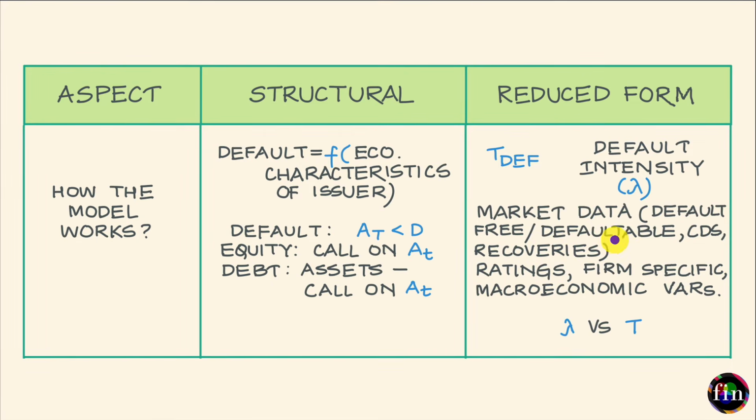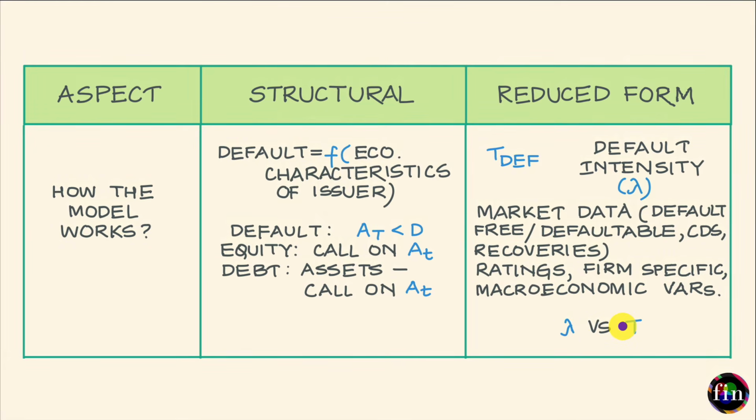Okay, information which can be used for backing out this lambda may include ratings and rating transitions, information about firm-specific characteristics, and also information pertaining to macroeconomic variables. Okay, so the state of the business cycle can be accommodated in a reduced form model. Okay, the output of this entire effort is the value of lambda. Lambda can be a constant, lambda can have a term structure to it.